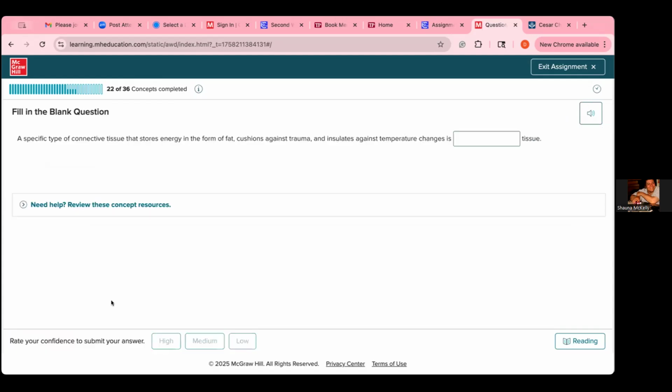Okay. A specific type of connective tissue that stores energy in the form of fat, cushions against trauma, and insulates against temperature changes is. Do you remember this one?